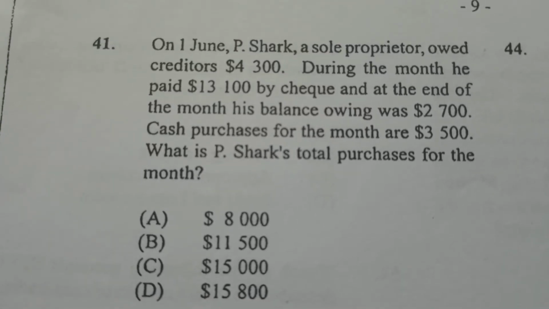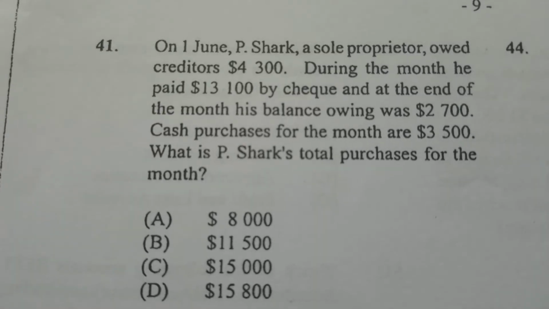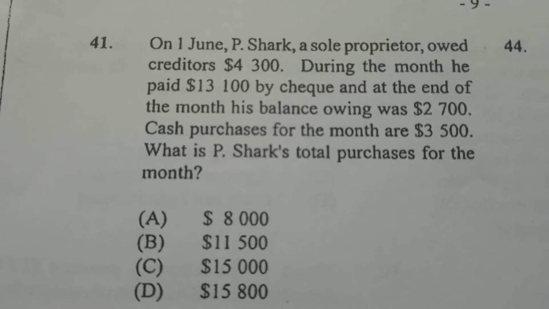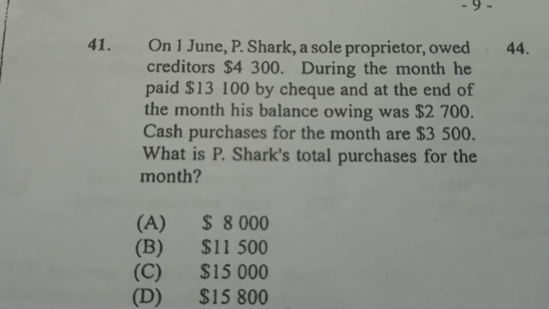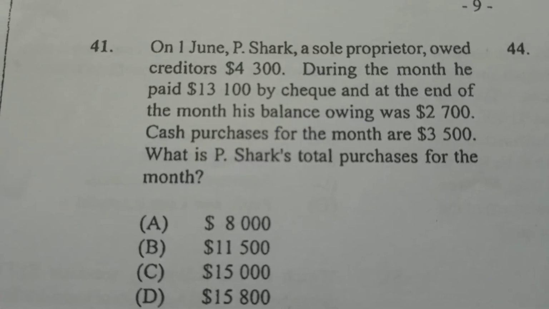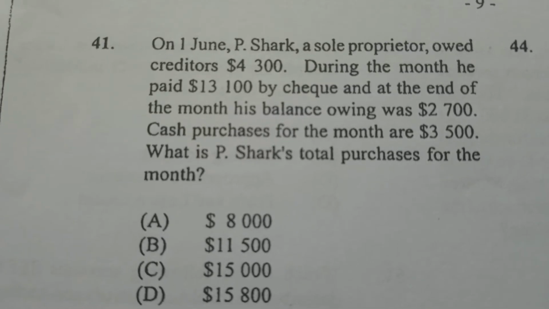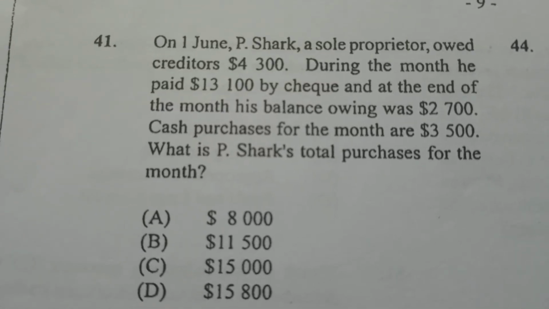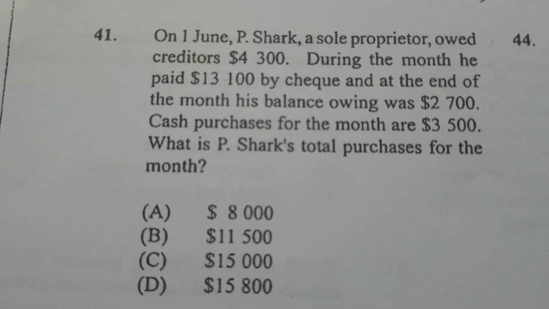How do we go about this? So he had an opening amount of $4,300. This has to do with a purchases ledger control account. On the credit side, we would have the opening balance of $4,300. We would add the amount that during the month he paid, $13,100 by check, so that will be debited.